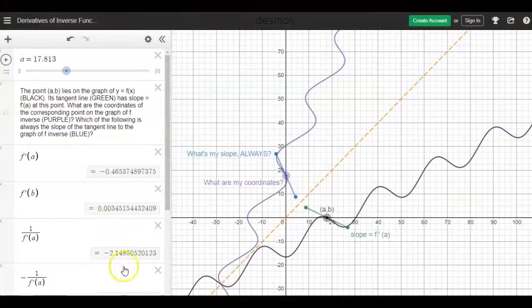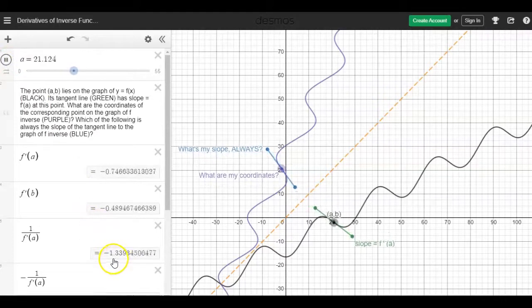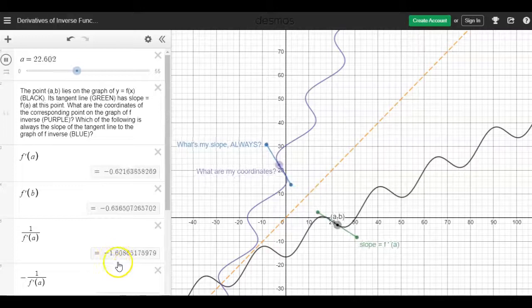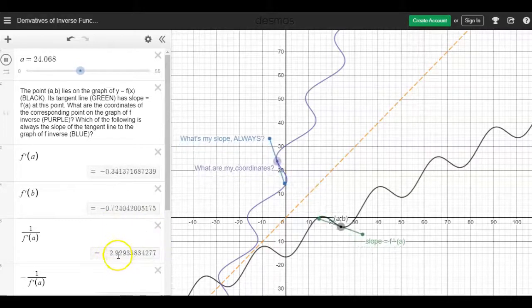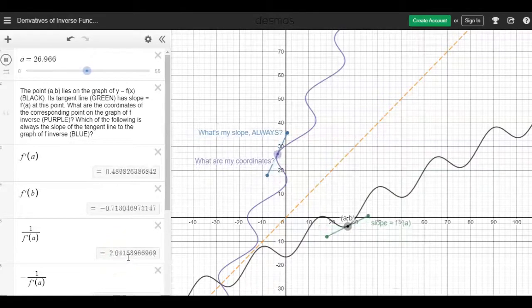And now if I'm looking at this one whilst I press play and change the x coordinate, I can see I have for this value a negative gradient that's getting steeper and steeper, then it turns to positive, but it's steep and then becoming smaller and smaller.